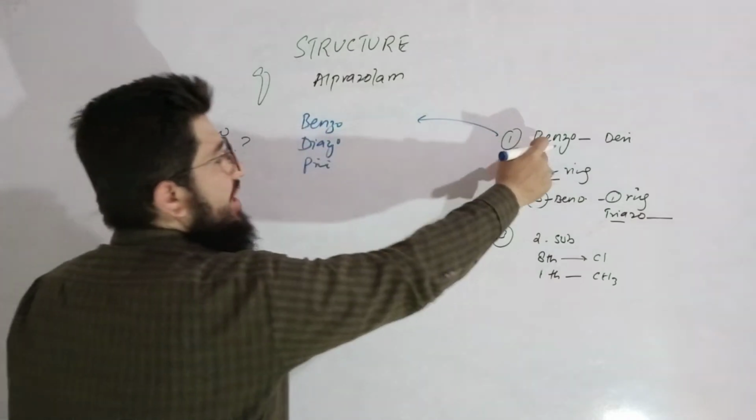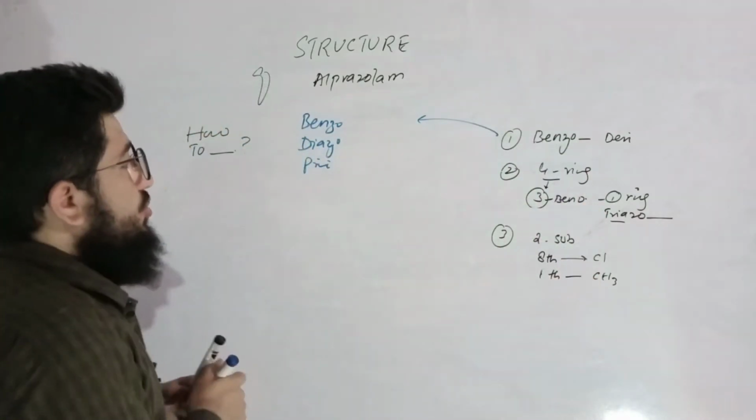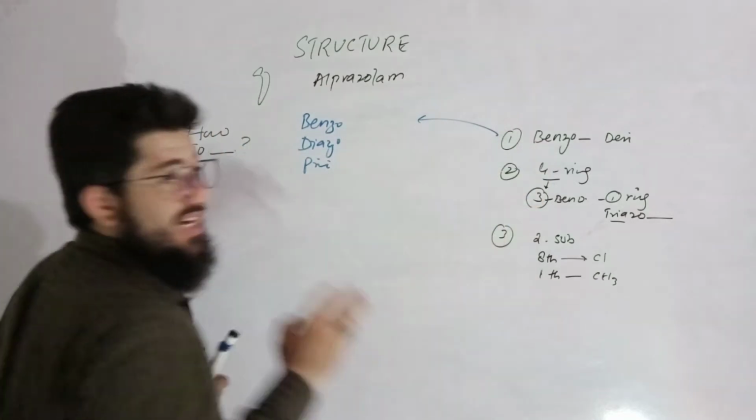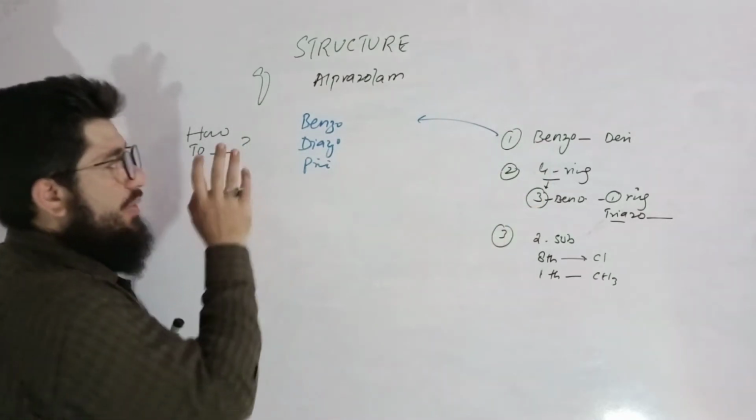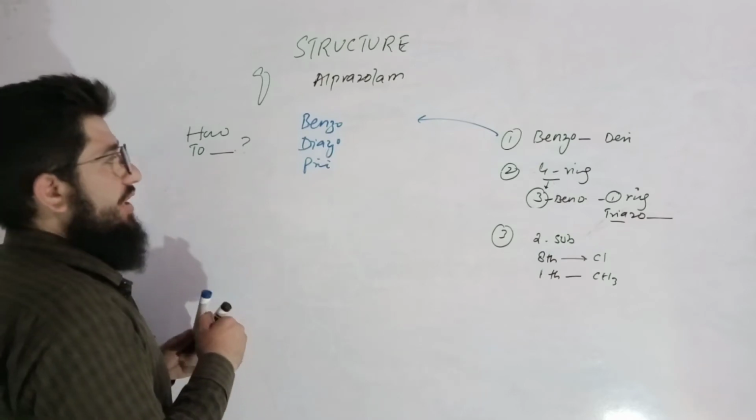By means of this, you will first draw the structure of benzodiazepine, then go for the other two points. I have already explained in detail how to draw the structure of benzodiazepines. Now I'm just giving you a short hint, a revision-type understanding.